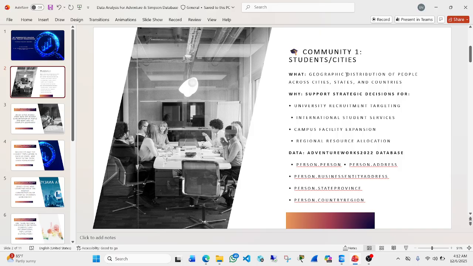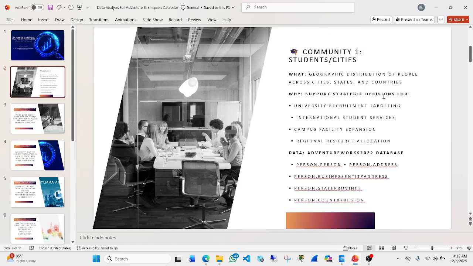I use the geographical distribution of people across the city, the state, and the country, and this was strategic because it can help university recruitment directors who need to identify target cities for student recruitment.